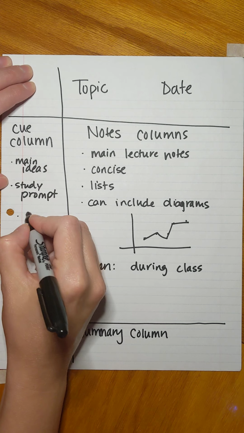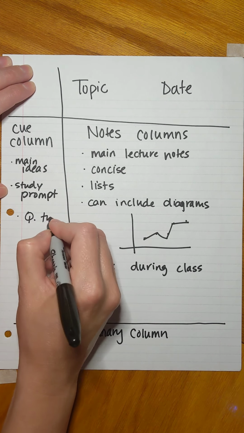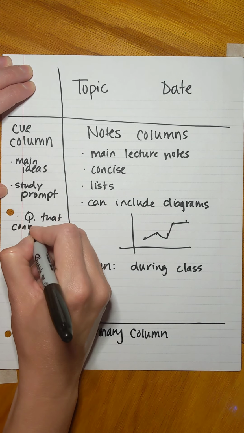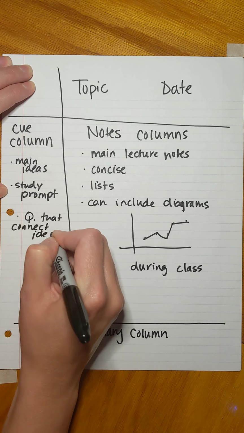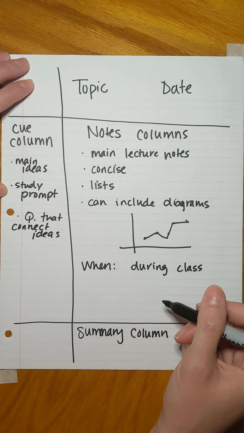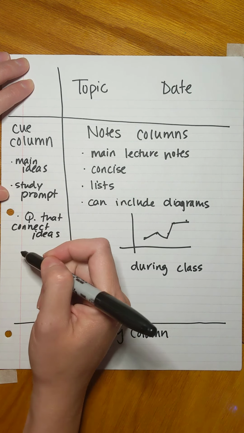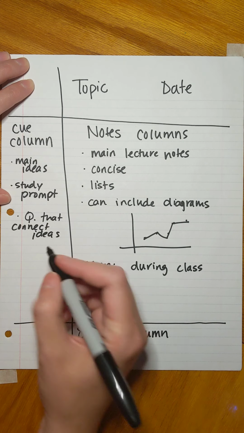And then you might also want to include some questions that connect the ideas. So if while you're reading through your notes you think of a question that you want to ask, you might list that out to the side.